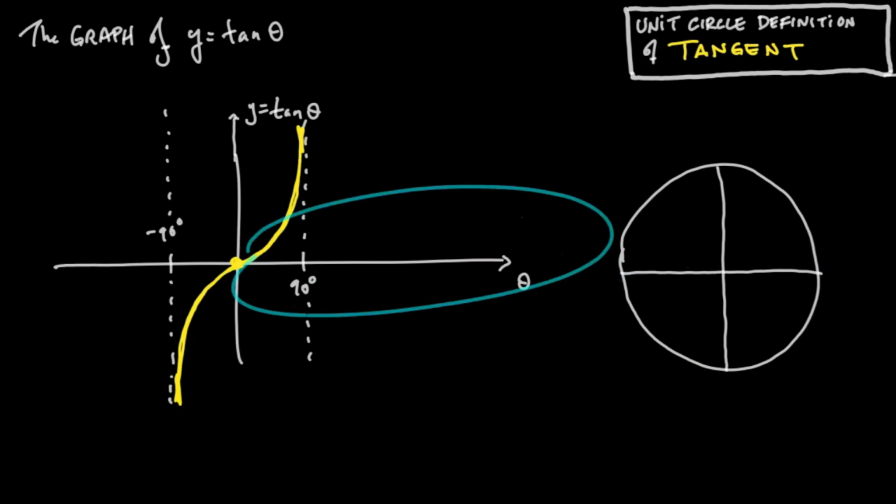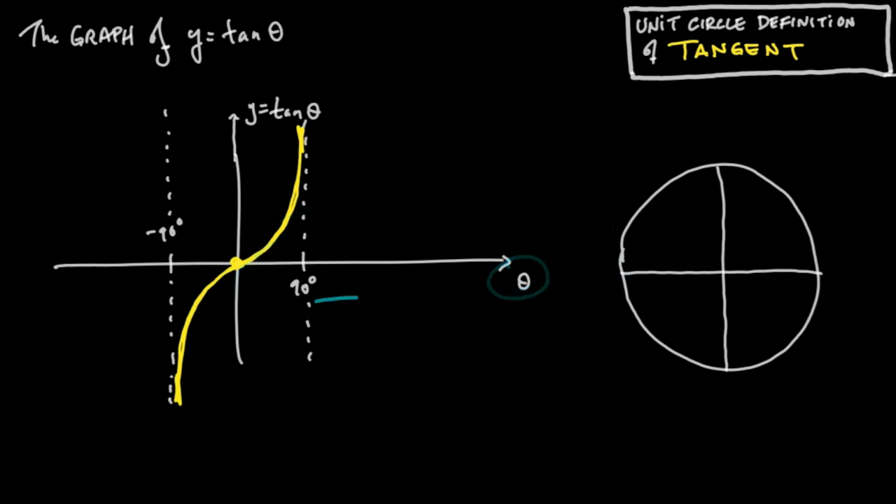So what would that look like on our graph? Well, as theta goes from 90 to 180, the graph would come screaming up from minus infinity towards 0. And then as we went from 180 through this next quadrant to 270, the slope would be rising up from 0 through positive values. These are all positive slopes.